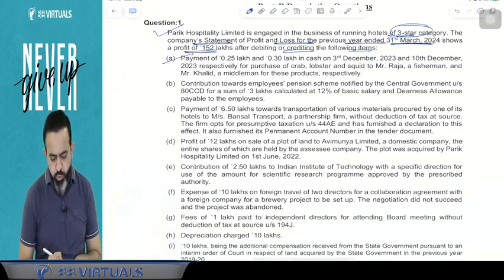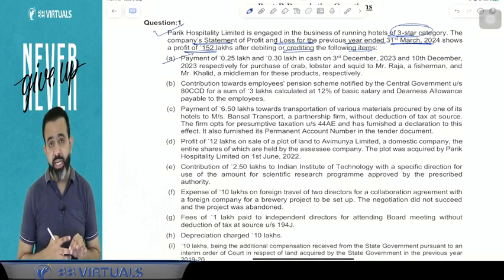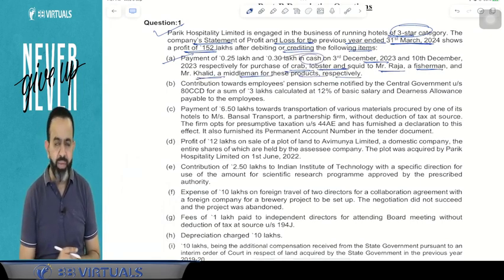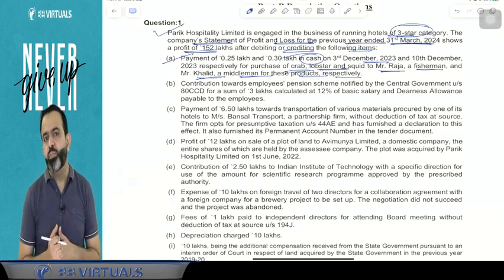Now, payment of 0.25 lakh, that is 25,000, and 0.30 lakh, that is 30,000, in cash on so and so date, respectively, for the purchase of crab, lobster and squid to Mr. Raja, a fisherman, and Mr. Khalid, a middleman of those products, respectively, and they made the payment in cash. Guys, if you remember, cash payment is allowed if it is made to the producer of the agriculture product, fish product, meat product, poultry product, farming product or any animals.